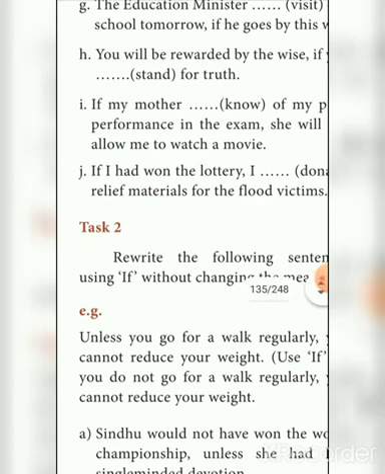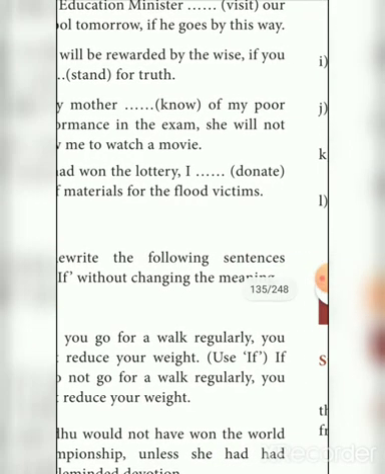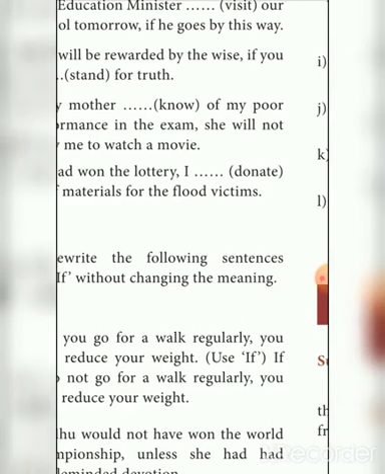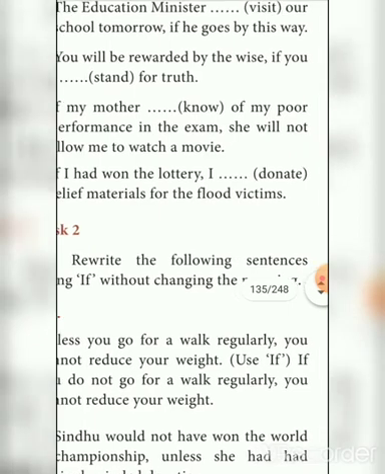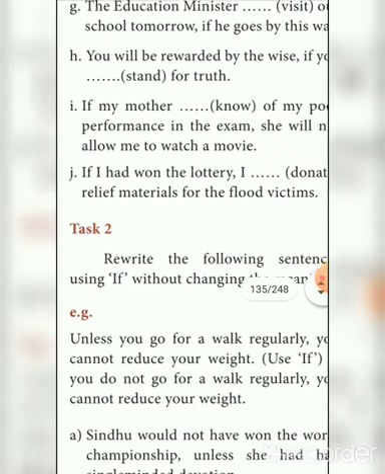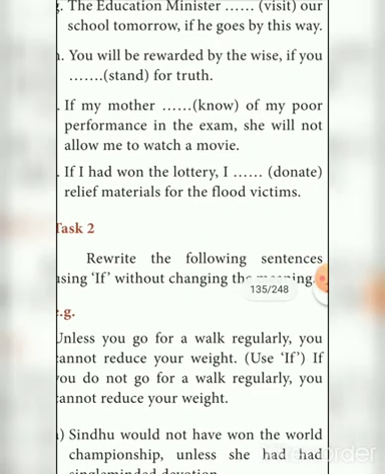So, what will be the result? Yes, you are correct. Future perfect in the past. Donate is the word in the bracket. So, the answer is I would have donated relief materials for the flood victims. Clear? So, I have given a clear explanation for the first task, number 1.